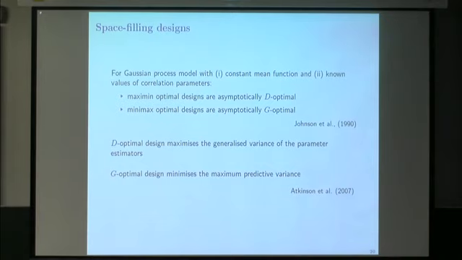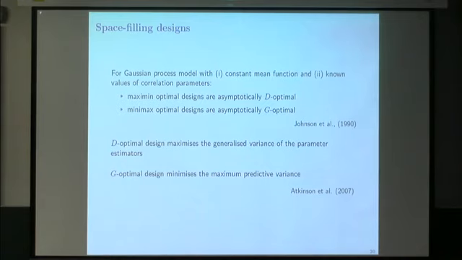So maximin optimal designs are those that maximize the minimum distance between the points that belong in the design. So no two points are close together and they spread the points. And minimax designs are those that minimize the maximum distance between the points in the design region and the points in the design, so we are going to have good coverage of the design region.